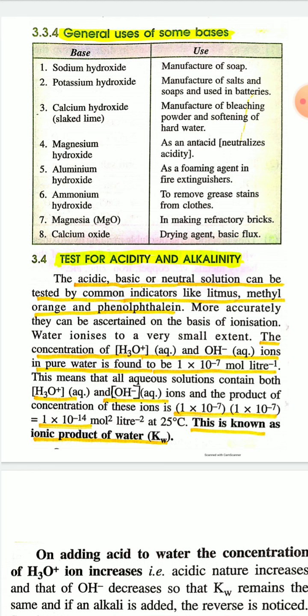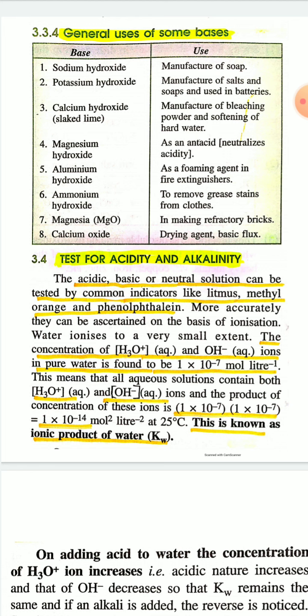Slaked lime is used in the manufacture of bleaching powder and softening of hard water. Magnesium hydroxide is used as antacid, that neutralizes the excess acidity in our body.